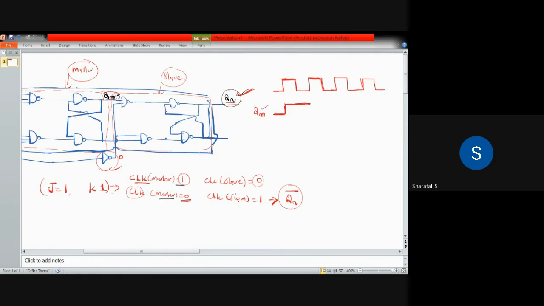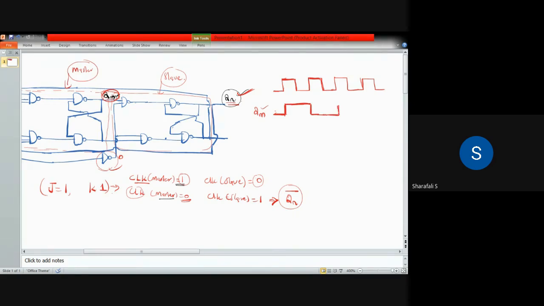I'm talking about this Qm, which is this one. So the master will be at 1 until the next clock pulse. When the next clock pulse comes, which means when the clock pulse becomes 1 next time, it will toggle to 0. It will come back to 0, and then continue in this 0 state until the next high state of the clock pulse.